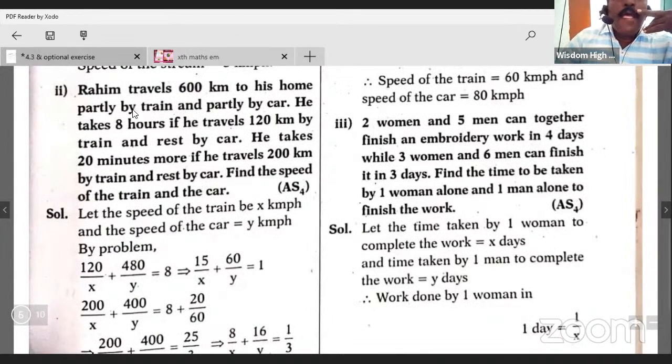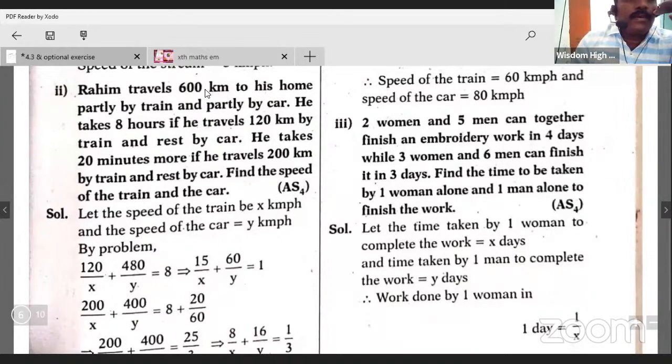One more problem. Ryan travels 600 kilometers to his home partly by train and partly by car. I want to explain only the question. You also read the question.